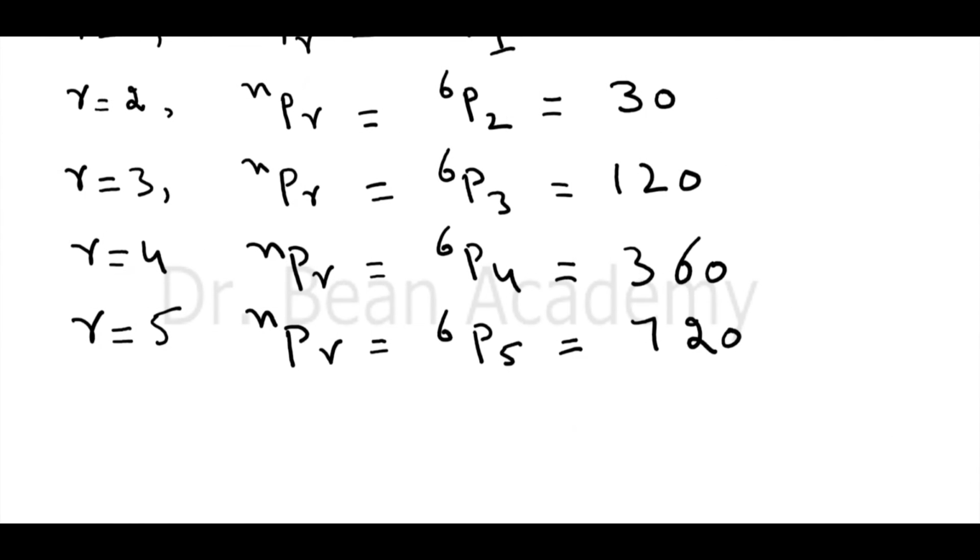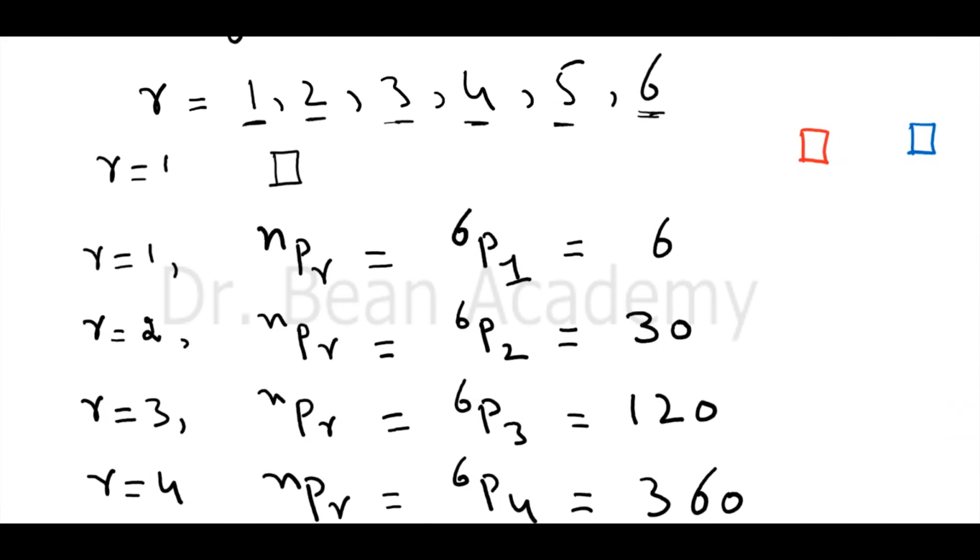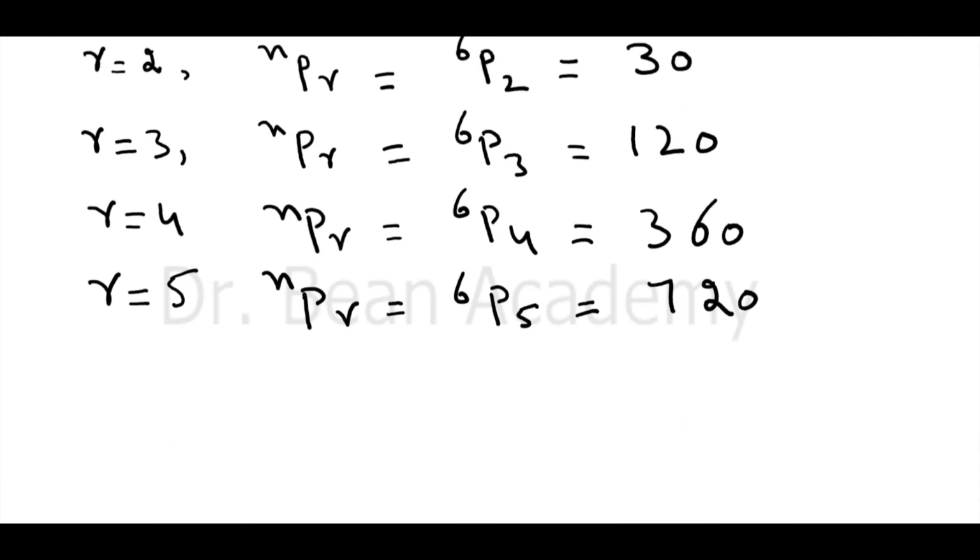And of course the last one, when I use all the flags to give the signal, I mean all 6 flags I have. R equals 6, so NPR is 6P6, and let me see what is the answer.